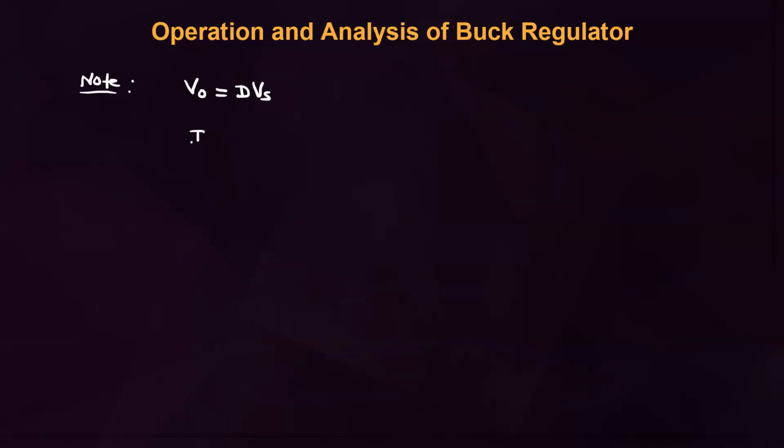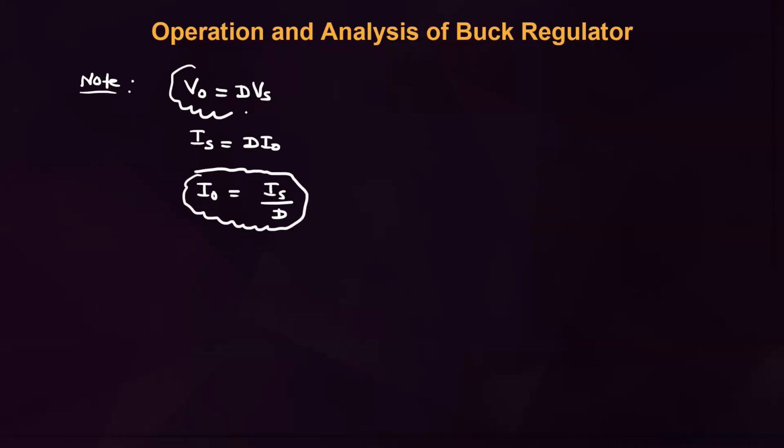For any value of 0 less than d less than 1, we get V naught less than Vs, but I naught greater than Is.